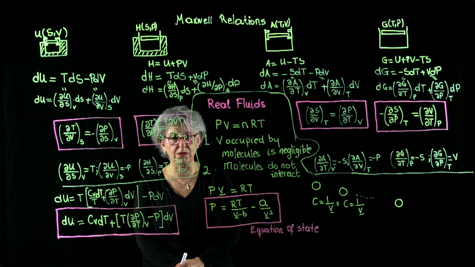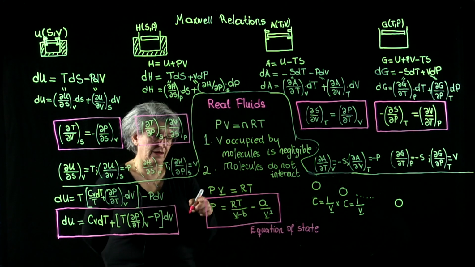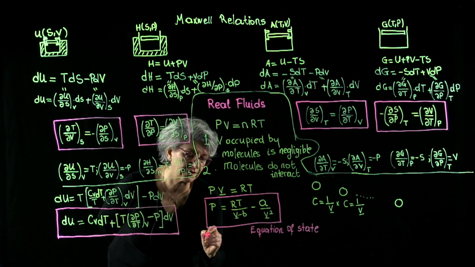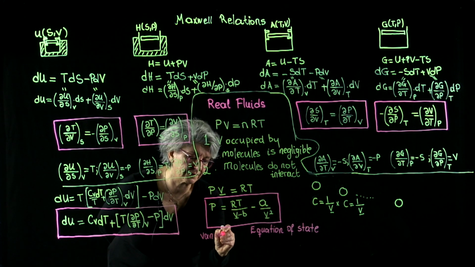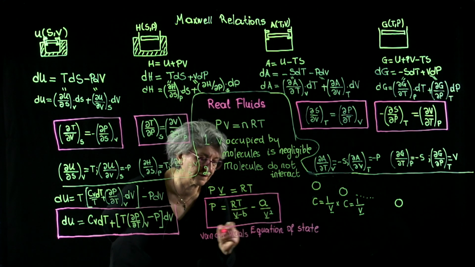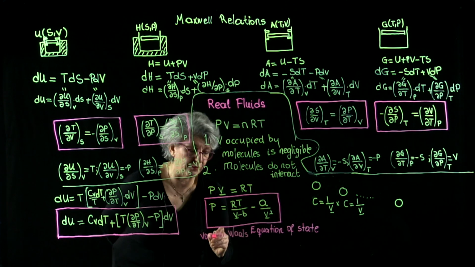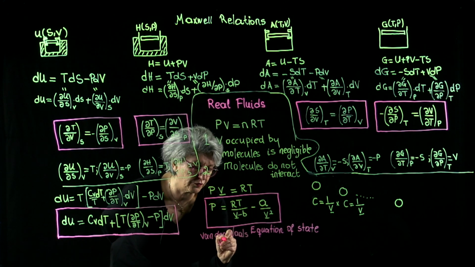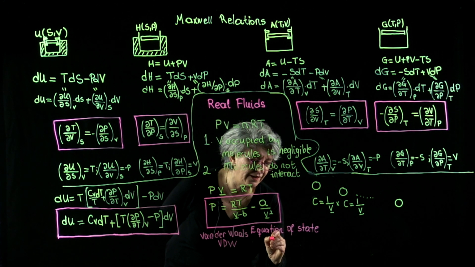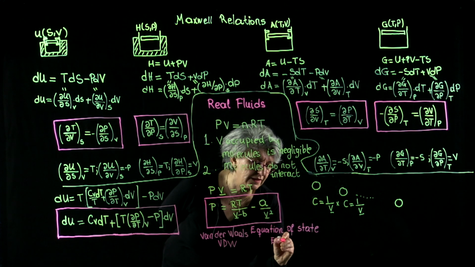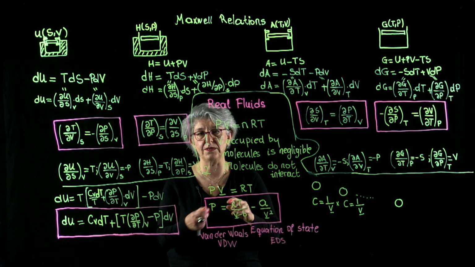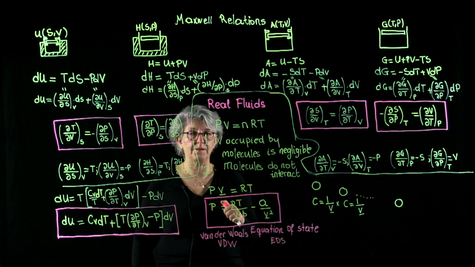It is called by the name of the person who derived this. This is van der Waals equation of state. Okay, van der Waals. From this point on, we will refer to it as VDW. For the equation of state, I will use EOS. So it's better to get used to those acronyms we will be using frequently.